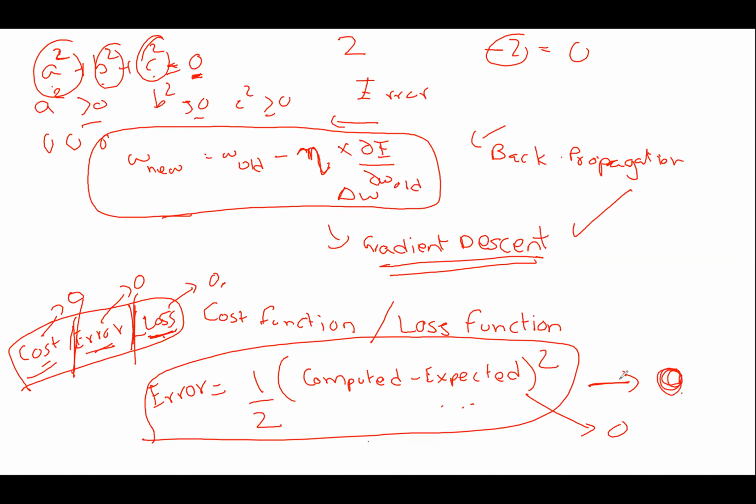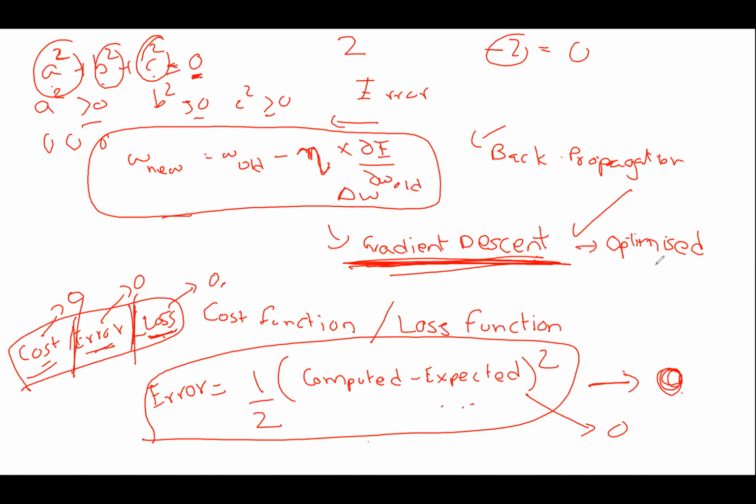Now, how do we actually compute these error functions and stuff like that? One such method is called gradient descent. Gradient descent is an optimization technique, and it is used in a lot of places. When we do linear regression and logistic regression also, we will see how gradient descent is used. It is one such technique using which you can find the minimal value of a function.